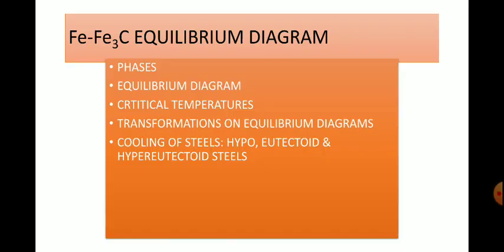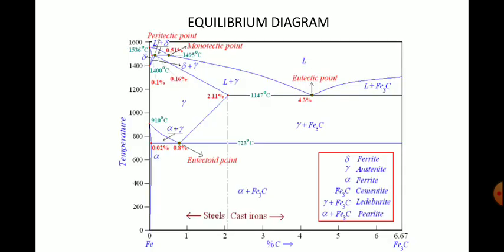So before moving to that, we need to understand what the iron carbon diagram is and what the parts related to it are. In previous lectures we have discussed phases, equilibrium diagrams and critical temperatures. Similarly, we have discussed transformation products of equilibrium diagrams and cooling of eutectoid and hypoeutectoid steels.